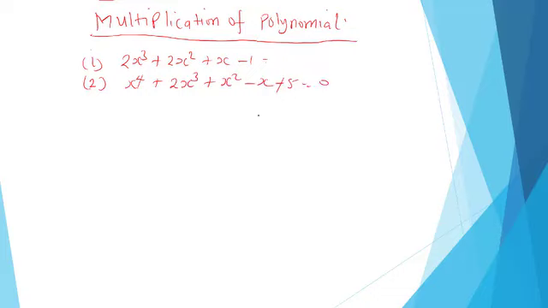All you just need to do is to repeat the same thing you do in normal multiplication. You write x^4 plus 2x^3 plus x^2 minus x plus 5, then you multiply it by minus 1 plus x plus 2x^2 plus 2x^3.